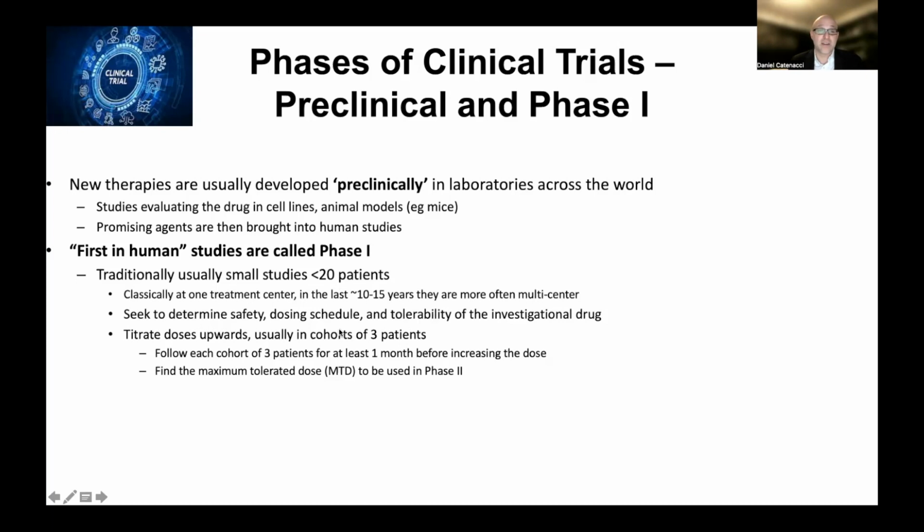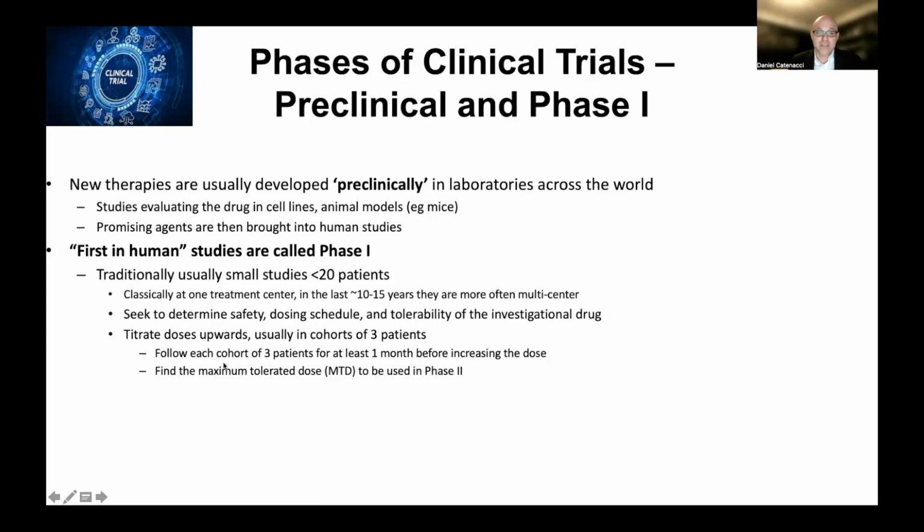The way this is done is that patients are usually enrolled 3 at a time at a given dose, a starting dose, and they're followed for usually a minimum of about 1 month to show that it's safe before the dose can be titrated upwards to the next dose level that's pre-specified in the protocol. And 3 more patients would be enrolled at that new dose level.